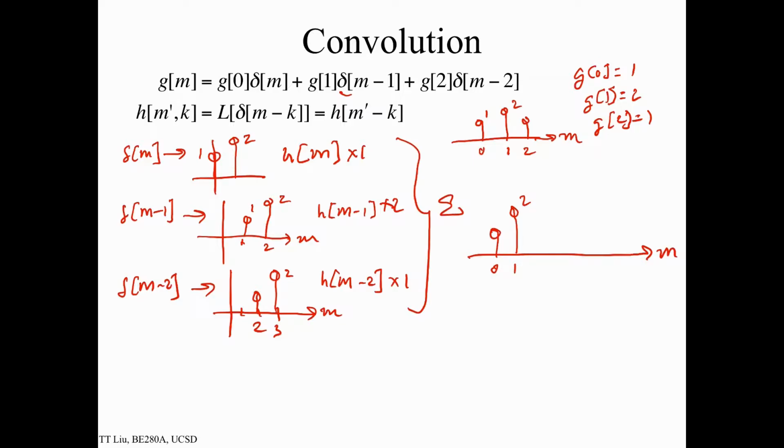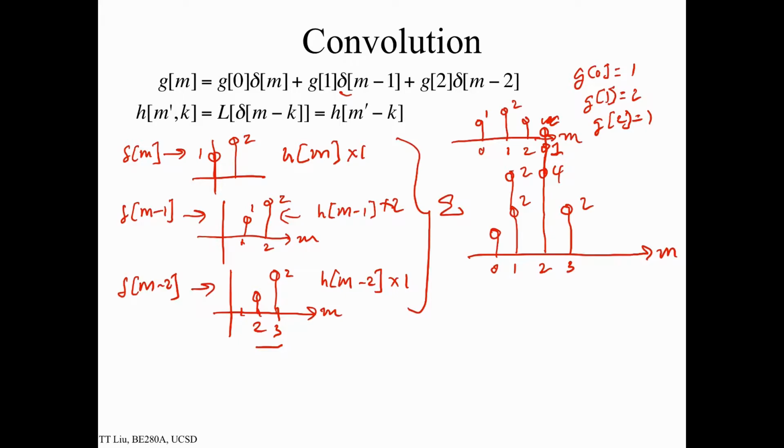The second one, we take this and multiply by 2, so we're going to have 2 added here, and then 4 added here. And then similarly for the last one, we're going to take this and multiply it by 1. And so we're going to add 2 here, and it's going to be adding 1 here, and then 2 here at that m equals 0.